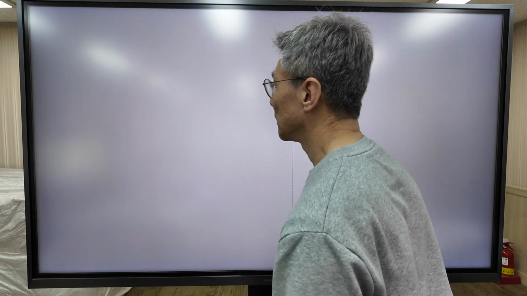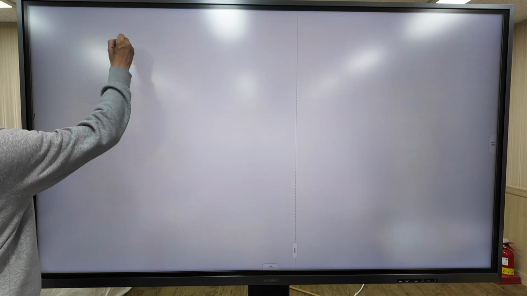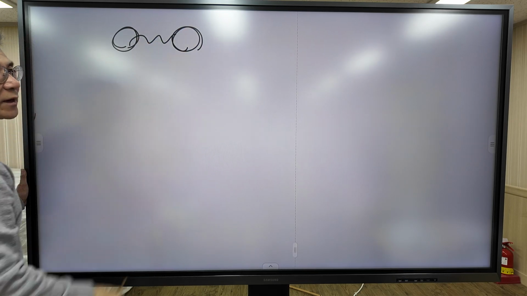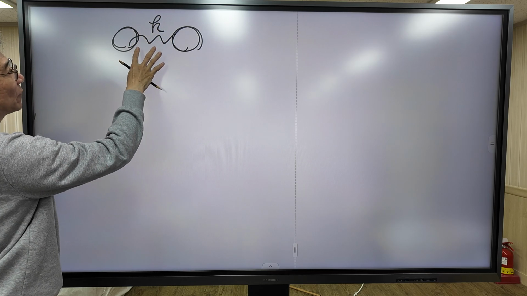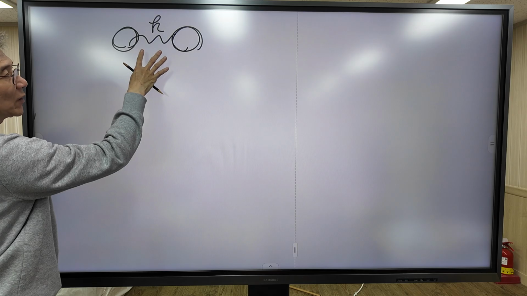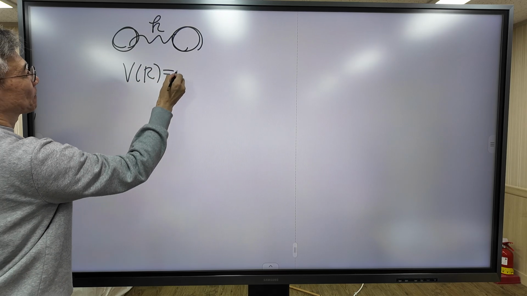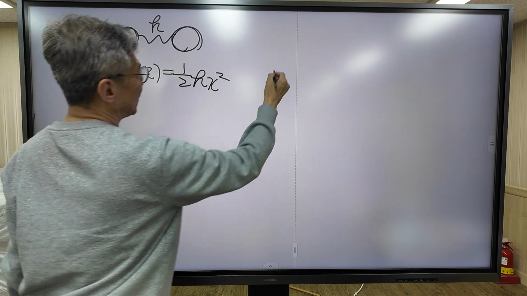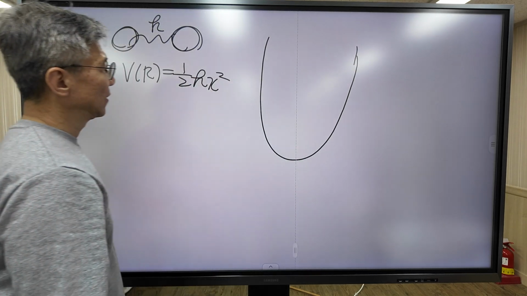Let's move on to another topic. Chemistry usually treats the chemical bond as a spring. If the molecule is described perfectly by a harmonic oscillator, the potential energy is 1/2 kx squared.